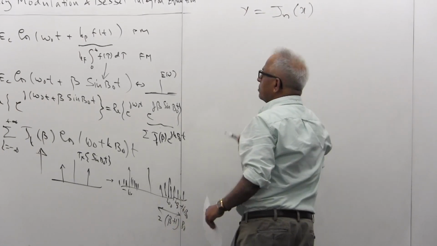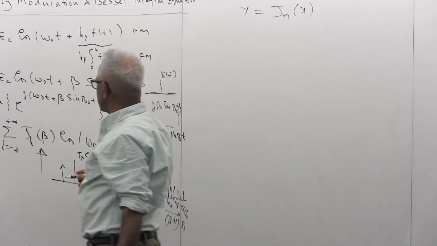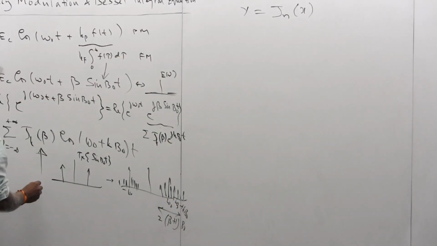instead of beta, let me bring in the variable x. So instead of beta here, I'm going to replace it by x, a new variable.